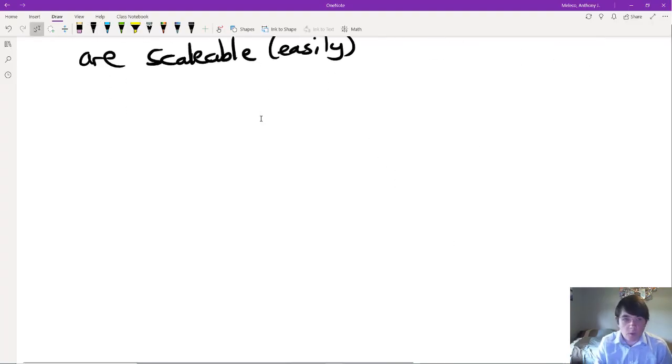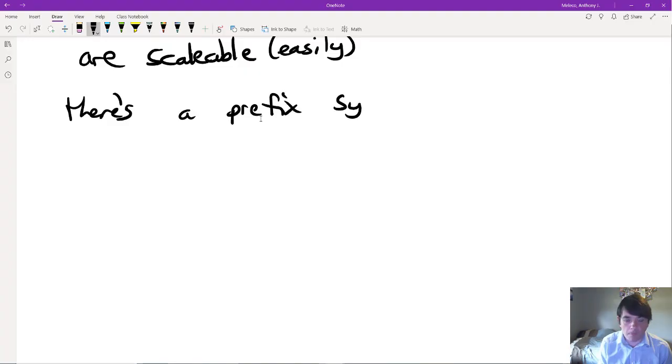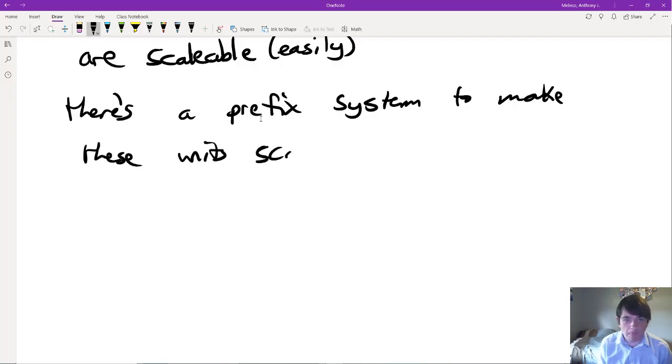So there's a prefix system to make these units scalable, okay? And I'm going to go through and do it by order of magnitude.